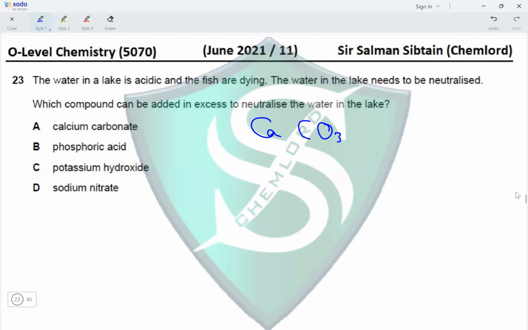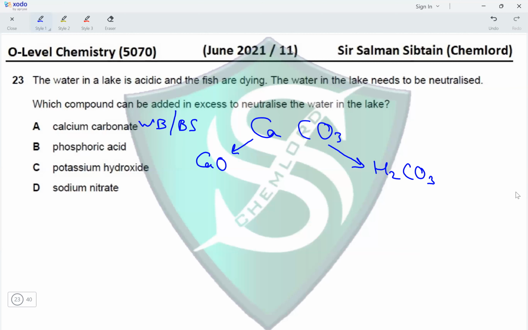So in this case, calcium comes from calcium oxide, and CO3 comes from H2CO3, which is carbonic acid. So we have a strong base and a weak acid forming a weak base or a basic salt.